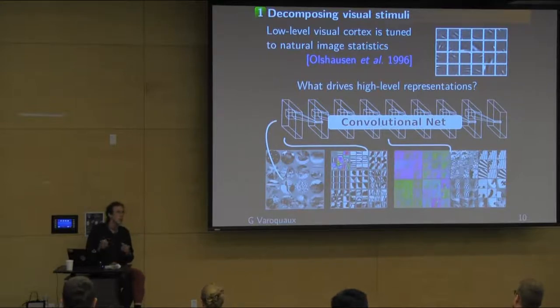So if we are going to extend the hypothesis of Olshausen and Field, that the visual cortex is tuned to statistics of natural images, given that convolutional neural nets are also tuned to statistics of natural images, then they give us representations that make sense to study the brain. Okay?